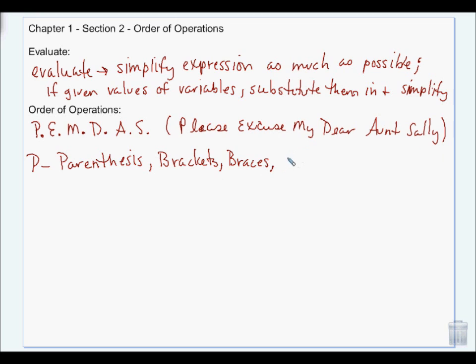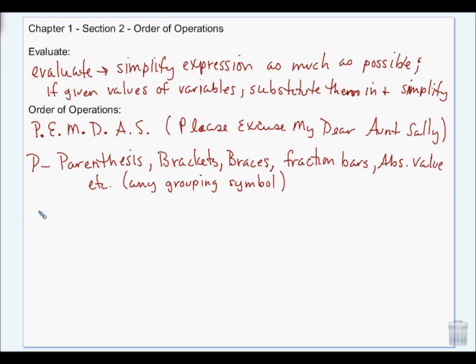Okay, so parentheses, brackets, braces, fraction bars, absolute value, etc. Basically it's any grouping symbol. The E is for exponents. You have M and D.